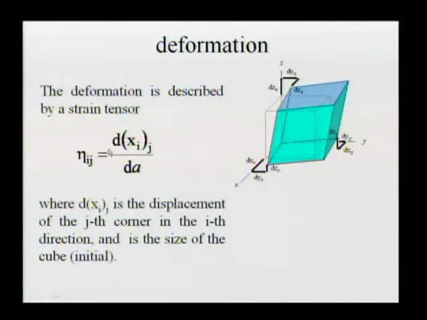All right, so now the ij-th component of strain is defined by the displacement of the ith corner in the j direction, and then divided by the dimension of the size of the block.